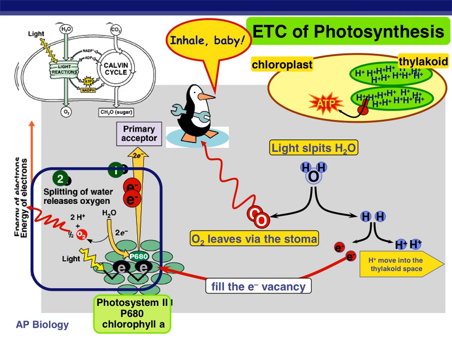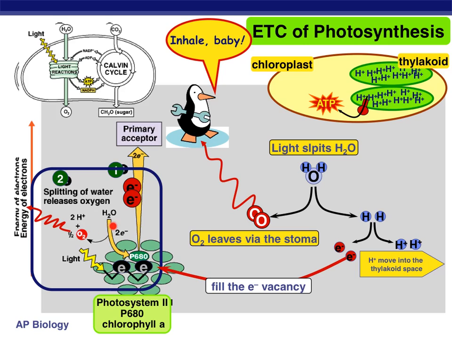Now, once those electrons get excited and they leave that main region of your photosystem, these electrons need to be replaced. So they're going to be replaced by electrons coming in from a water molecule. Remember how water is one of the reactants of photosynthesis? This is where it ties in.